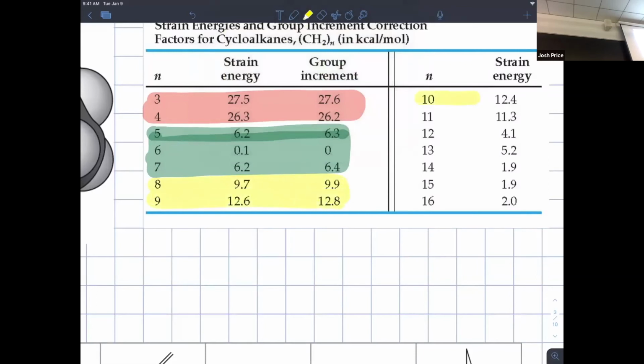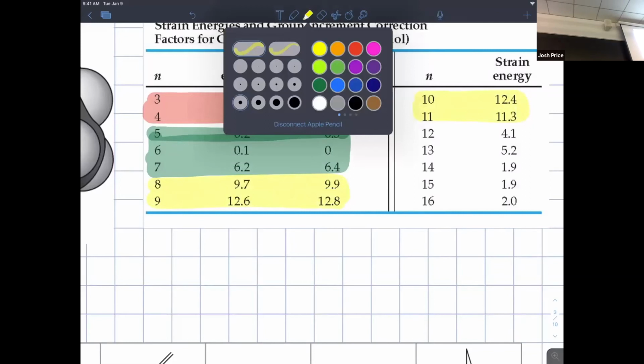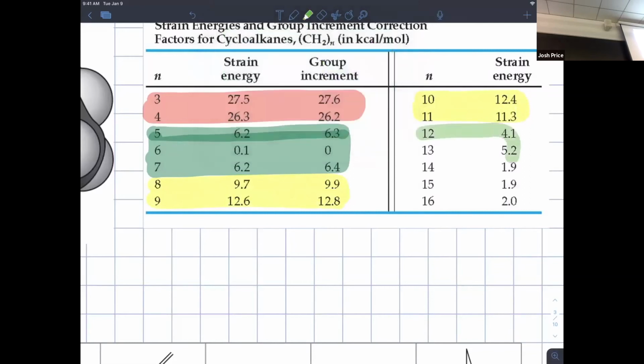You'd think, oh, the more atoms we add, the more flexible things are going to be. And then after we get beyond that size, we go back down to low ring strain systems. Once you get beyond 12, each additional CH2 group makes almost no difference in terms of the overall ring strain.